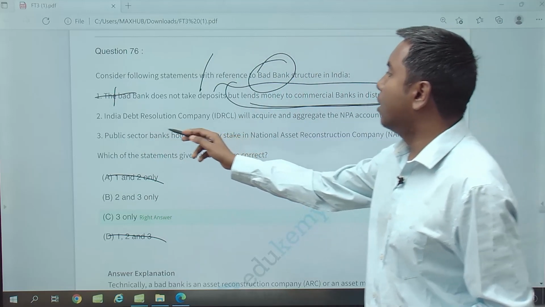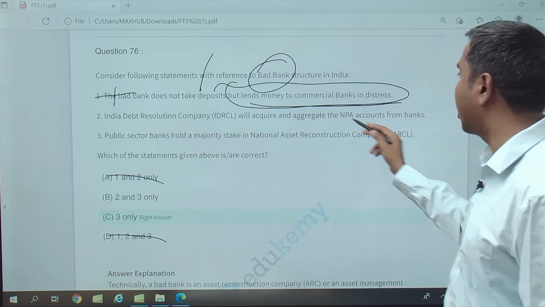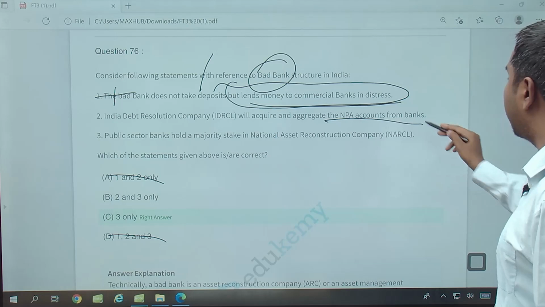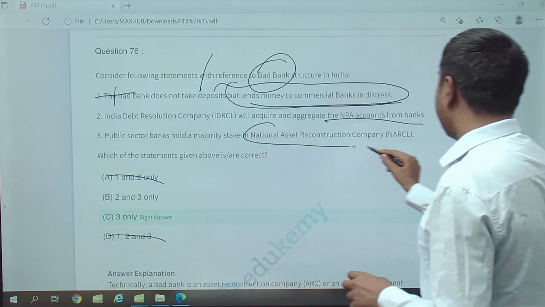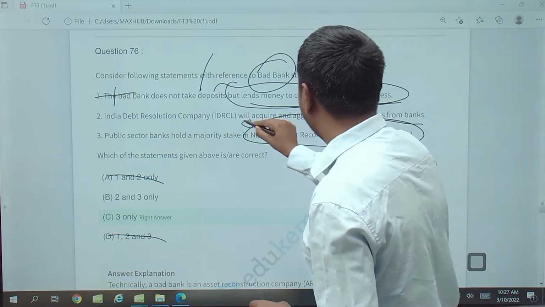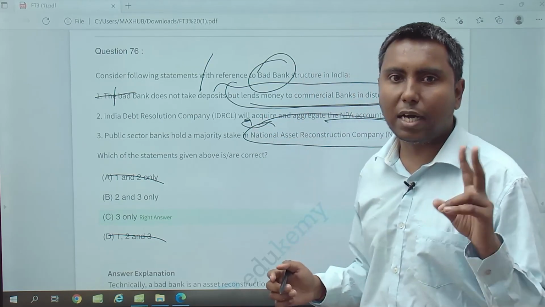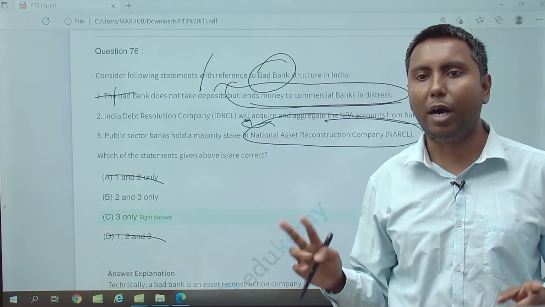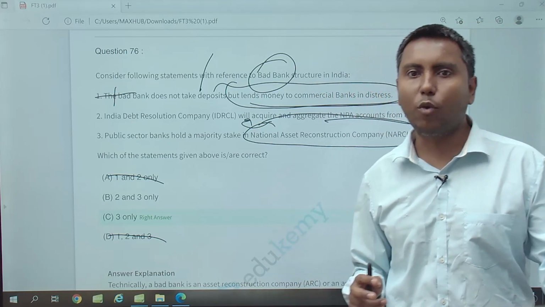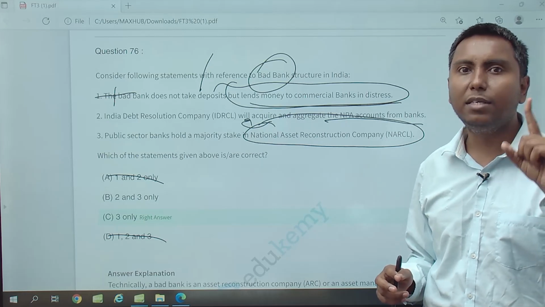Second, the India Debt Resolution Company will acquire and aggregate the NPA accounts from banks. Now this is incorrect. In fact, NARCL will acquire and aggregate. So there are 2 parts in the bad bank structure. NARCL will acquire and aggregate NPA accounts from banks. That's the first part.